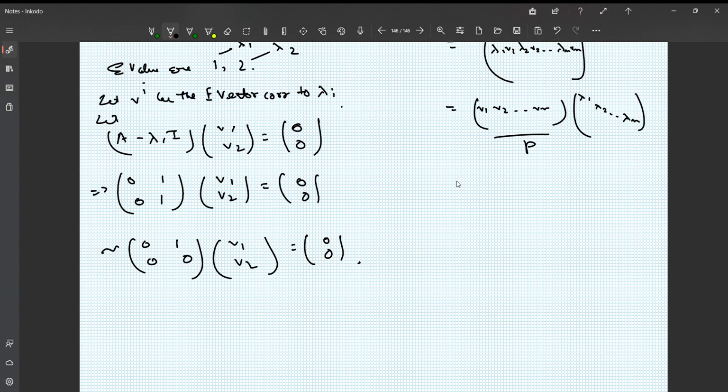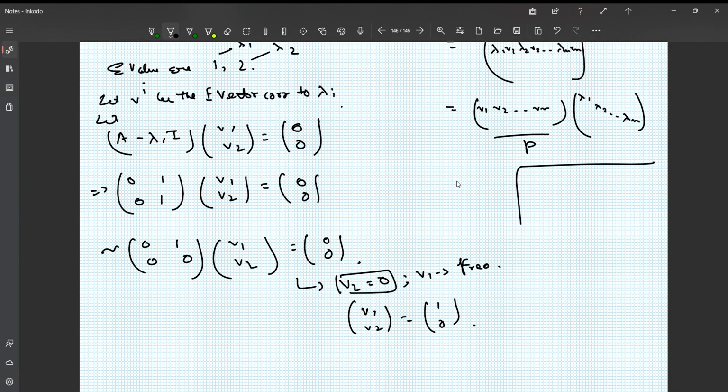Carefully observe what you have. V2 is 0 from the first row, so 0 times V1 plus V2 times 1 is 0. V2 is 0 and V1 is free, right? So therefore we can consider V1 V2 to be 1 0. Similarly calculate the other part.